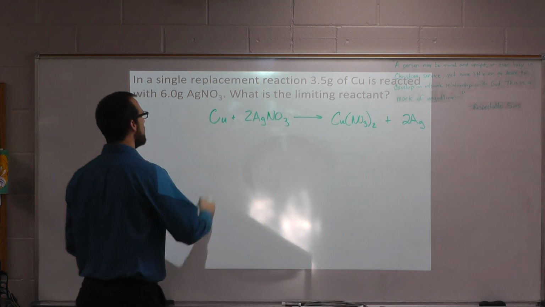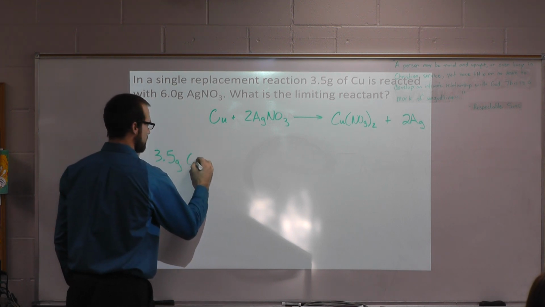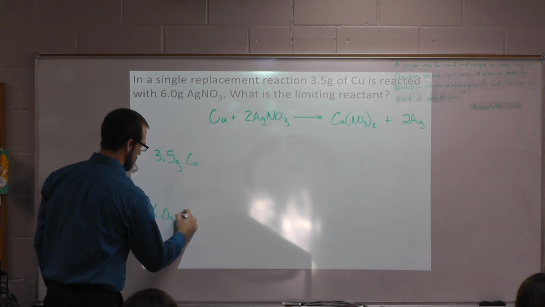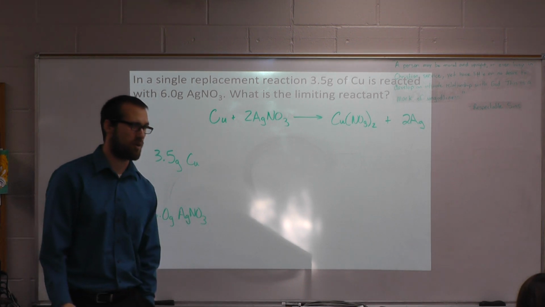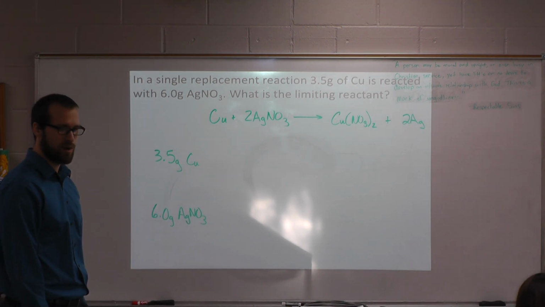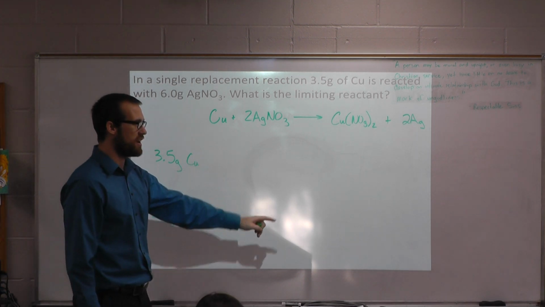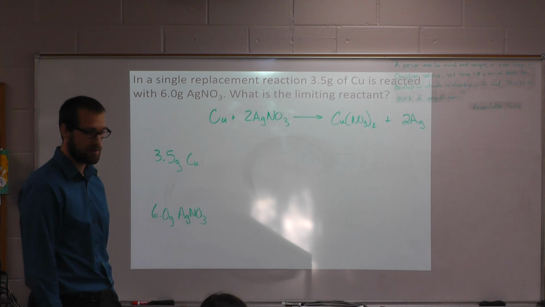So we're going to take both of my givens and we're going to solve for that product. Any idea why? If I take this and solve for Ag, and I take this and solve for Ag, is it possible that one is going to produce less Ag? Yeah. That's what we're looking for, isn't it? Let's do it.